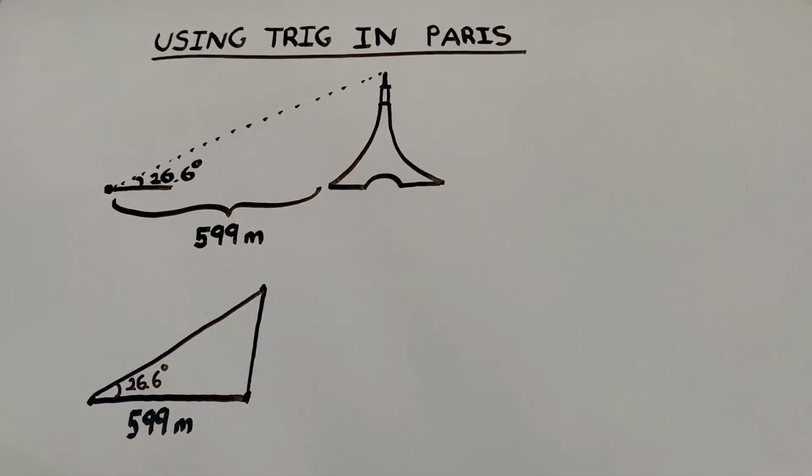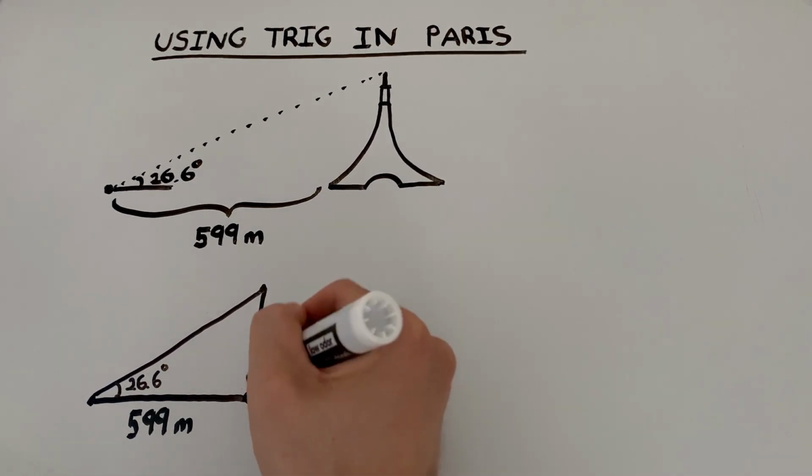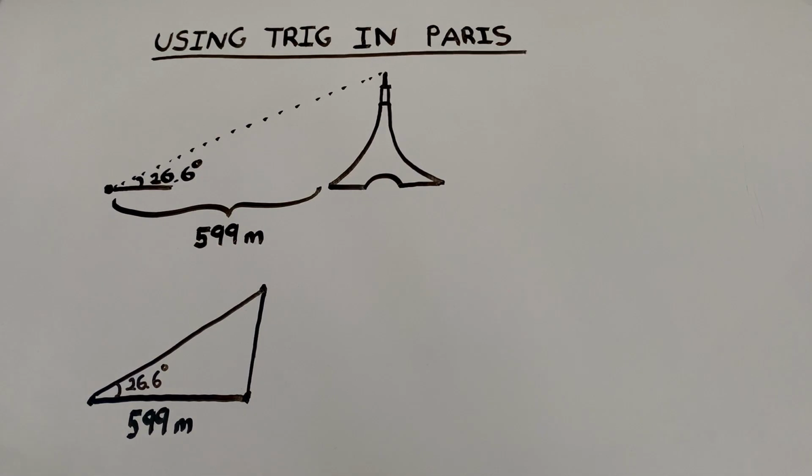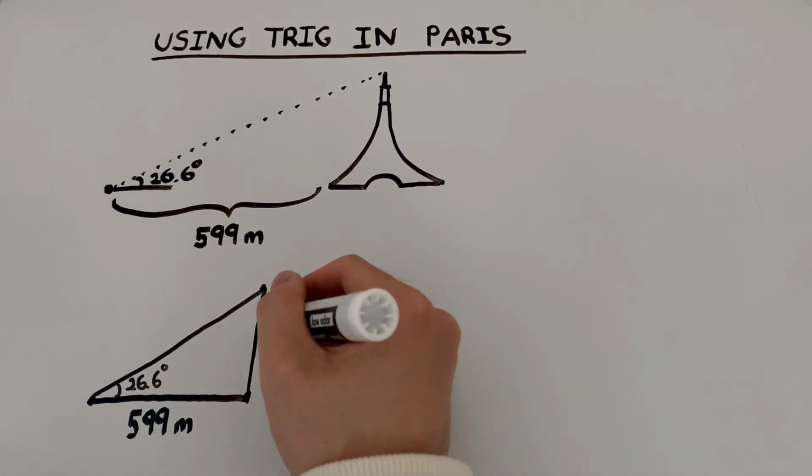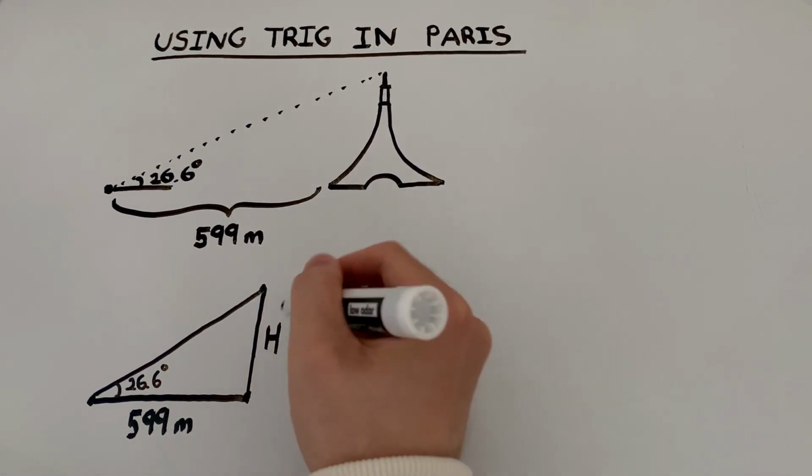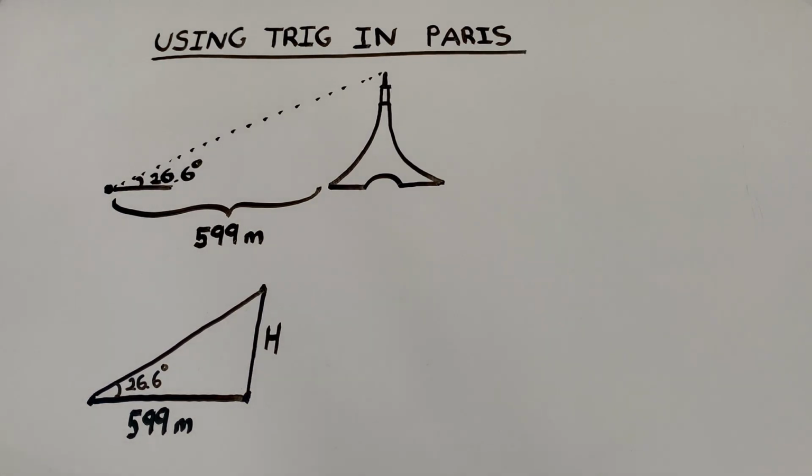And since we're trying to find the height of the Eiffel Tower, which is this side over here, we can just go ahead and call that H. H for height. You could also have done E for Eiffel, maybe P for Paris, T for tower. Doesn't really matter. Just use a variable.